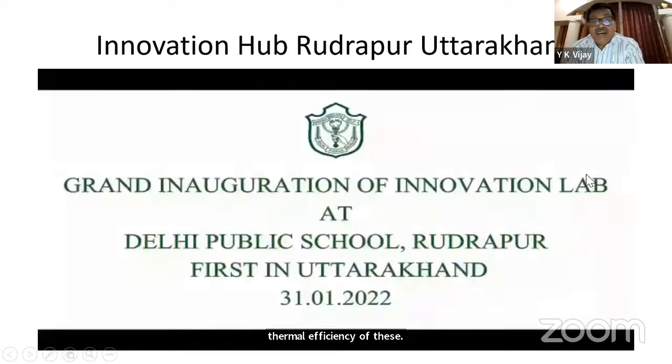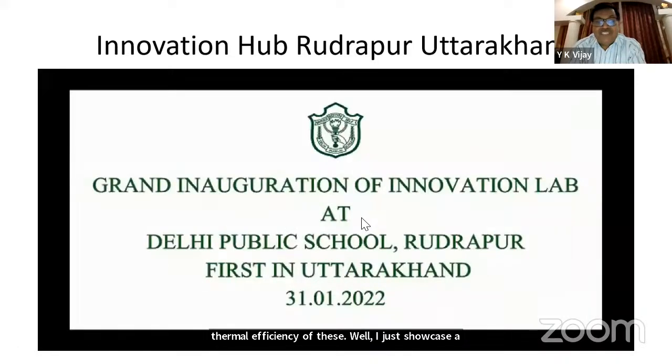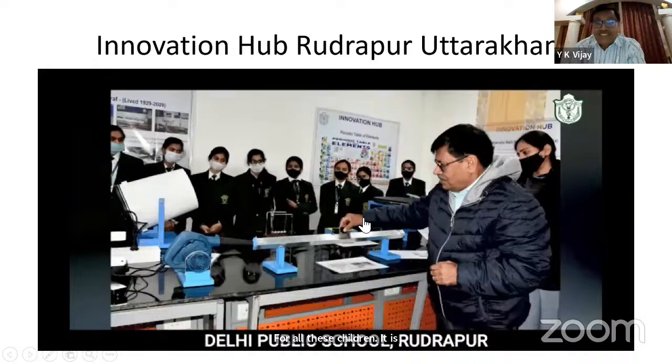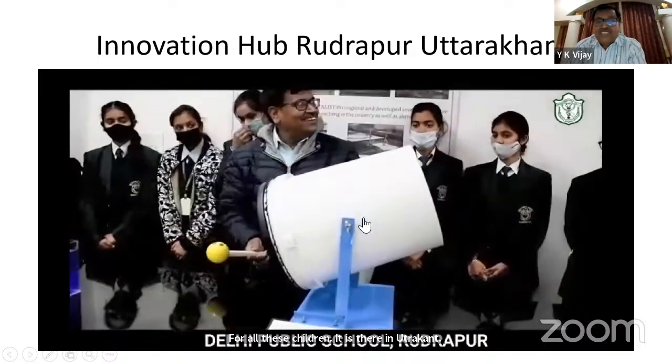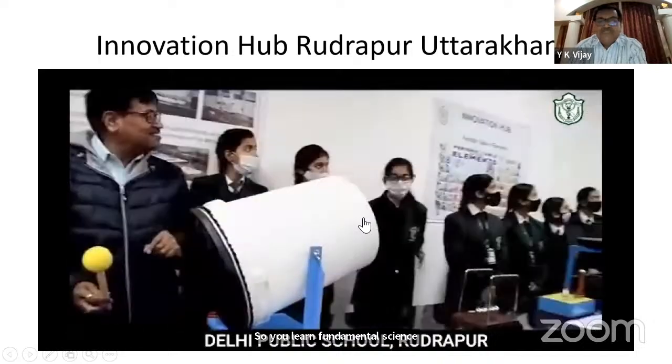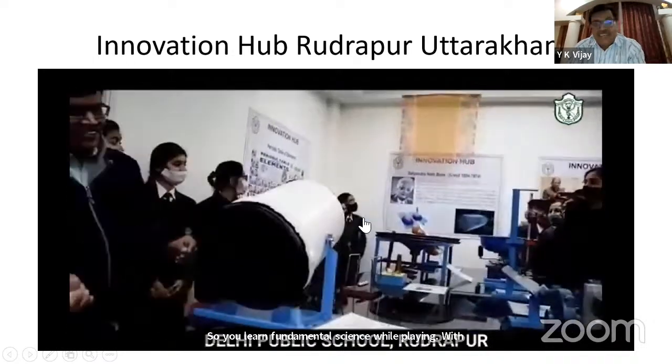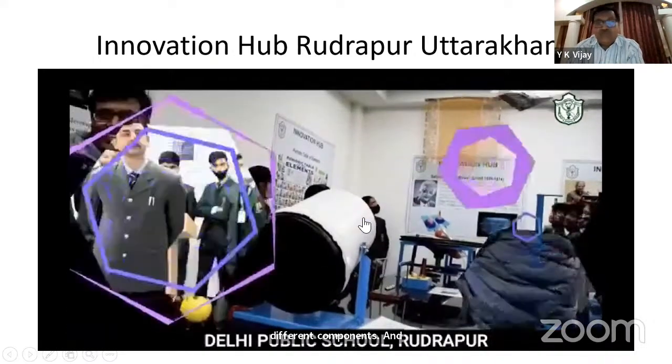Well, I just showcase a small innovation hub, how it looks for all these children. It is there in Uttarakhand. So you learn fundamental science while playing with different components and the instruments available.